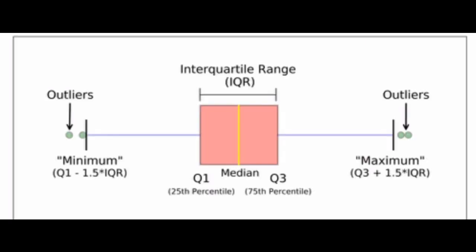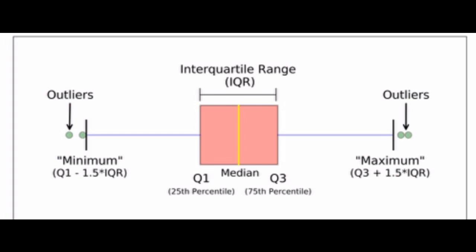There are many, but what we are going to discuss is the box plot. What is a box plot? A box plot is a standardized way of displaying the distribution of the data based on a 5 number summary. What are these 5 numbers? That is the minimum, first quartile Q1, median, third quartile Q3, and the maximum.